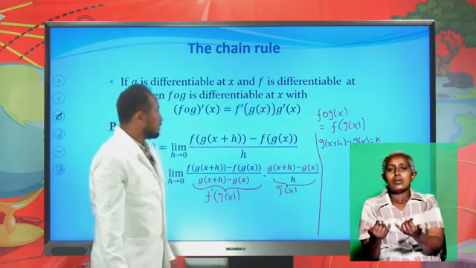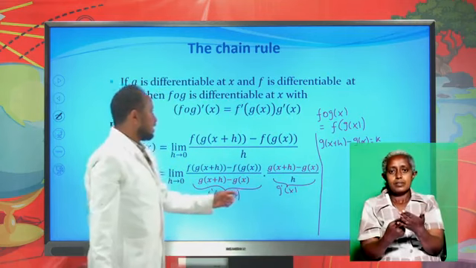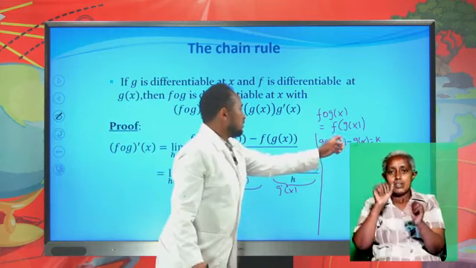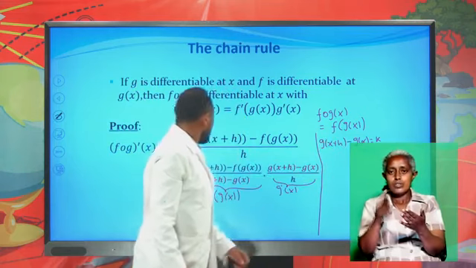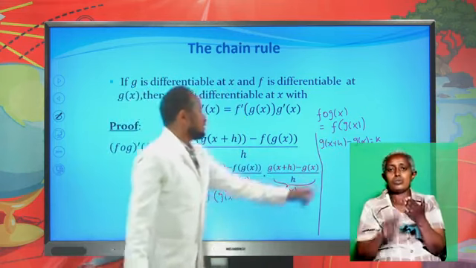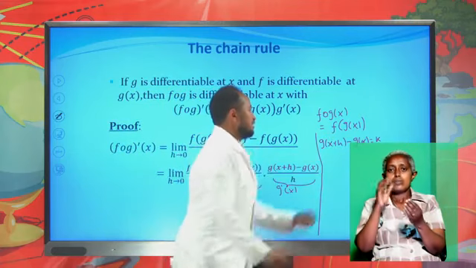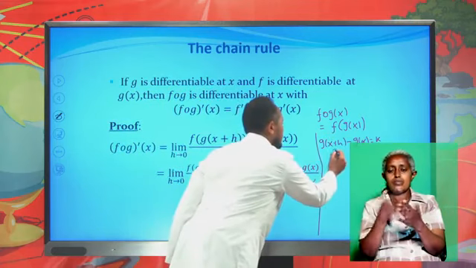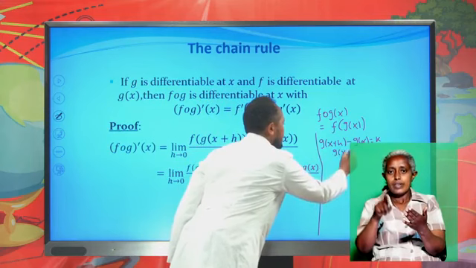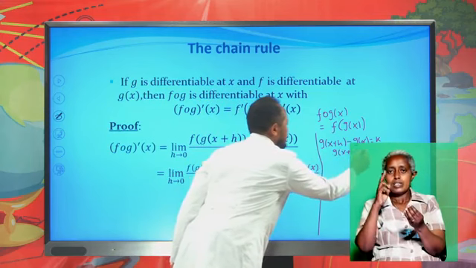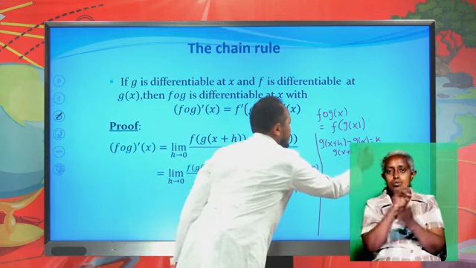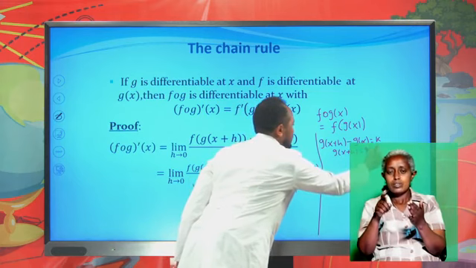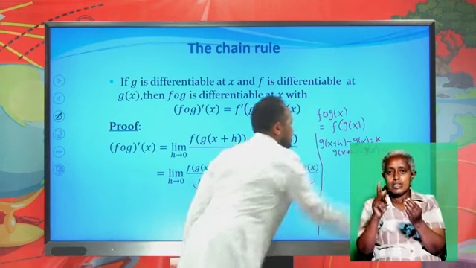Now from this I can find g of x plus h: g of x plus h is equal to g of x plus k, rearranging this.